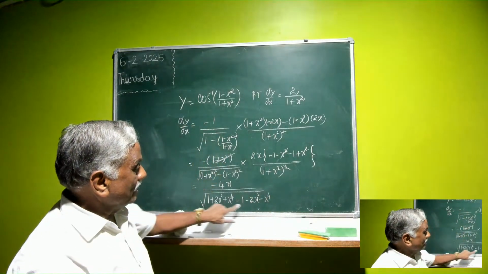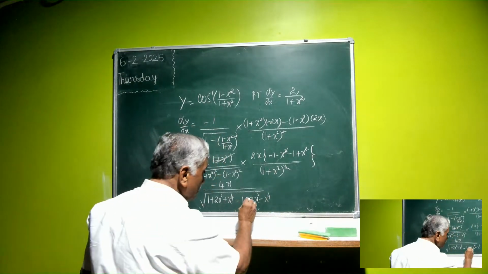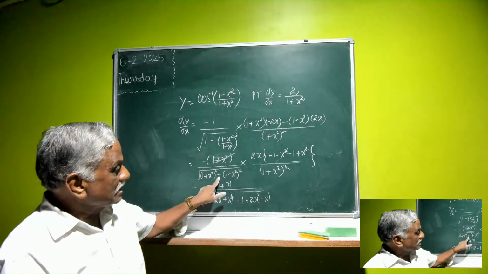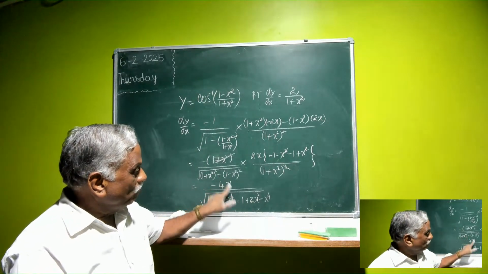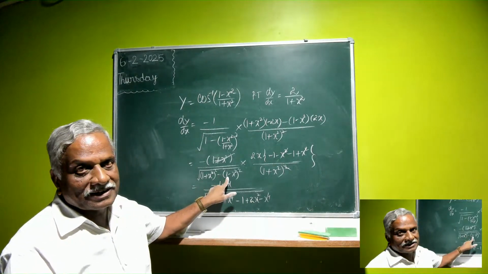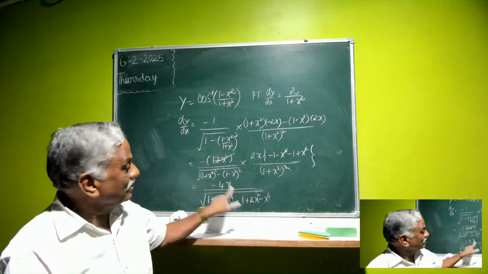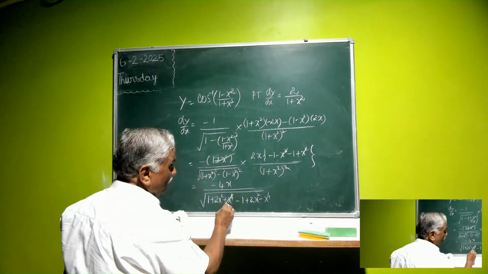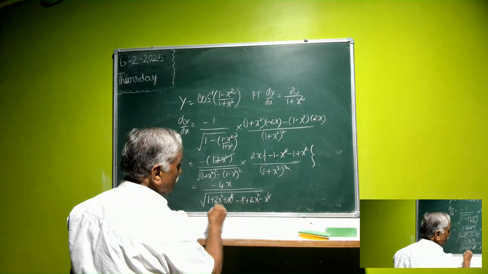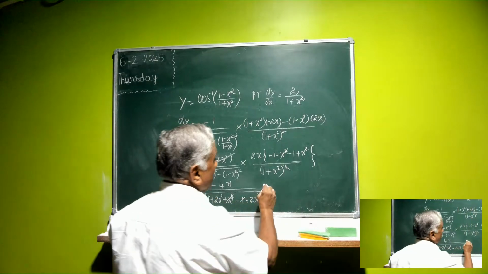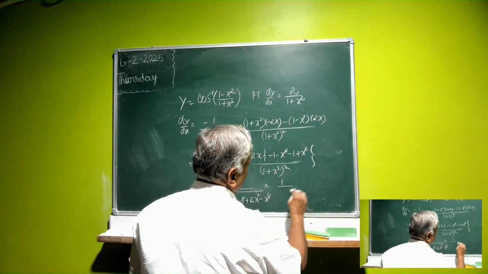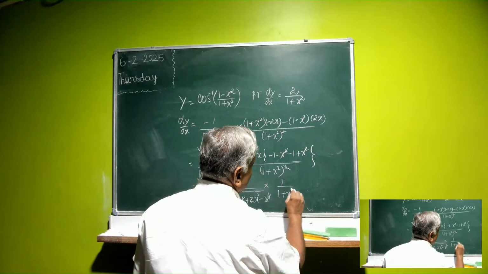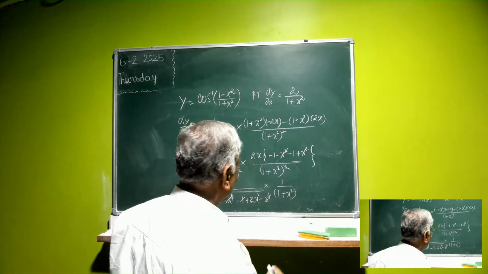A plus b whole square, a minus b whole square. This becomes plus because there is a minus sign. 1 is negative because you get a plus sign here. You get minus 2x square, that becomes positive. Now what will cancel? X to the power of 4 will cancel. 1 also cancels. Multiplied by 1 over x square is there. Now, what do you get?